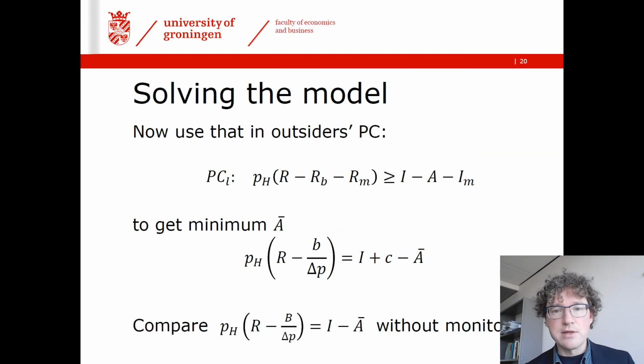So we plugged that into the participation constraint for the outsiders, and in the end we used that to figure out the minimum A bar, A bar M, I just called it on paper, in this case of monitoring, that the entrepreneur needs to get the project financed and monitored.